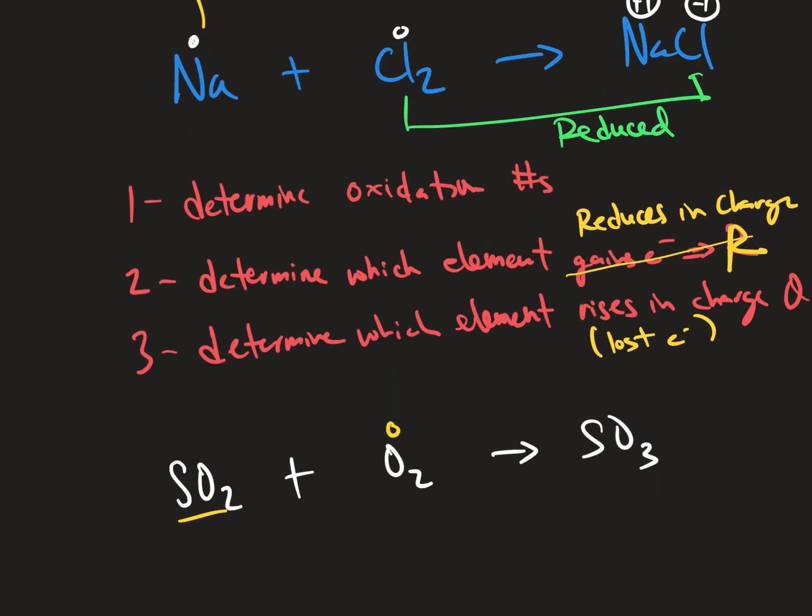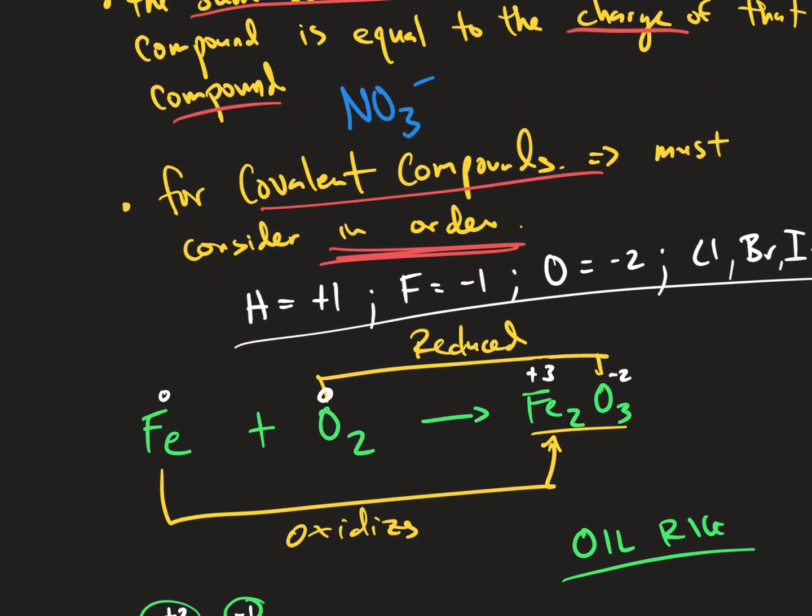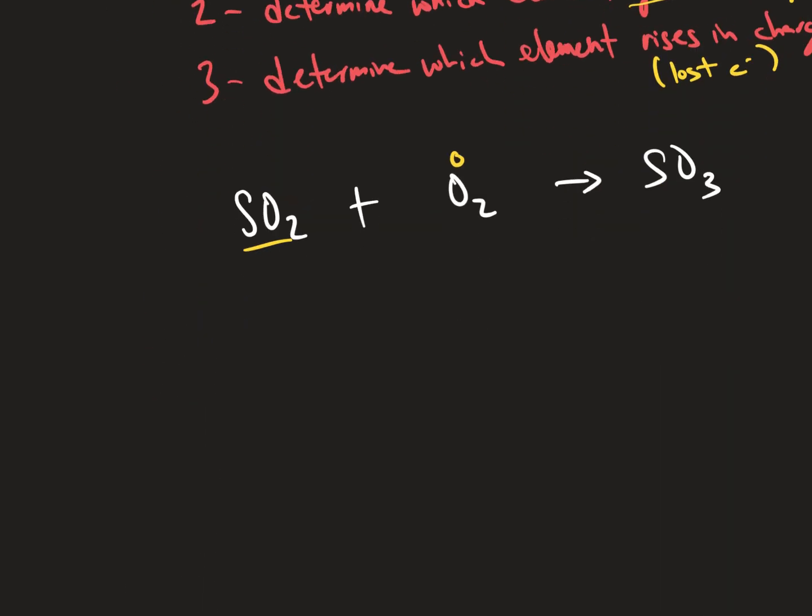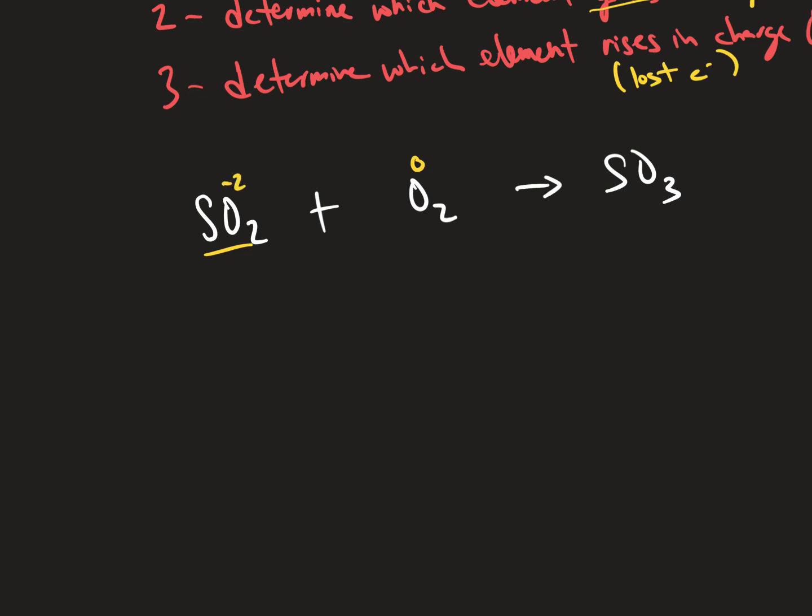We have to look at this right here. Oxygen is -2. Can we just know it's a -2 by looking at the periodic table, if it doesn't have any of these other elements in it? So that's -2, and there's 2 of them, so that's a total of -4.